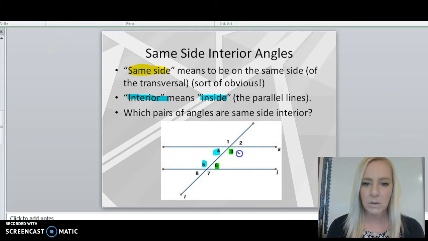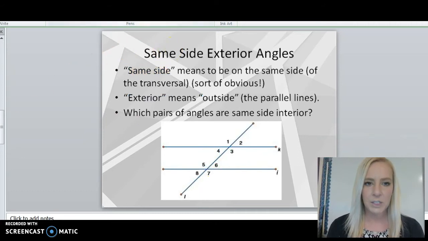Now these angles, if they're same side interior, add up to 180 degrees. Therefore, it makes them supplementary. So angle 3 and angle 6 are supplementary. Angle 4 and angle 5 are also supplementary.